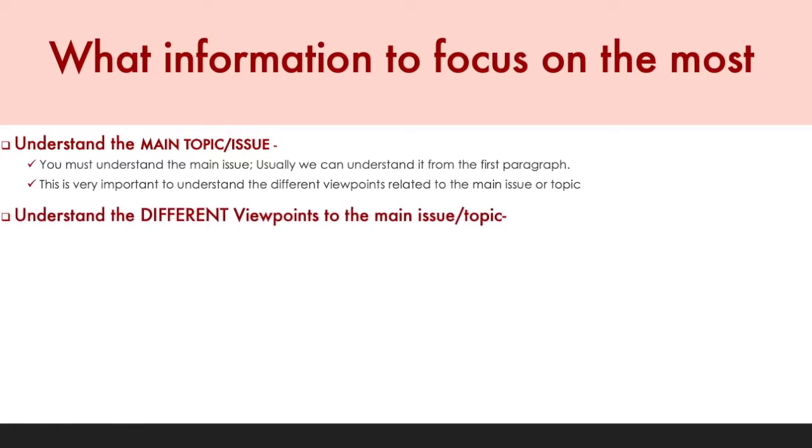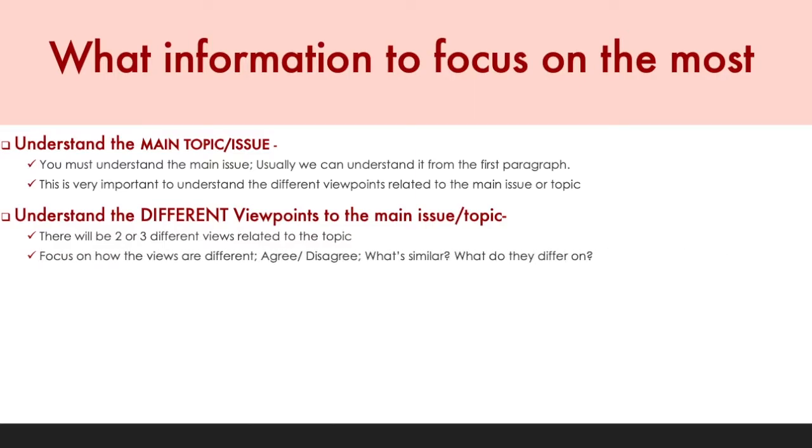Understand the different viewpoints to the main issue or topic. Usually, there will be 2 or 3 different views related to the topic which are expressed. Focus on how the views are different, how they agree or disagree, what's similar, what do they differ on.